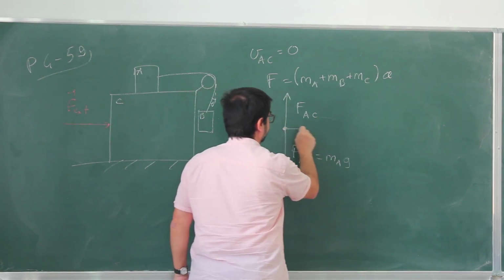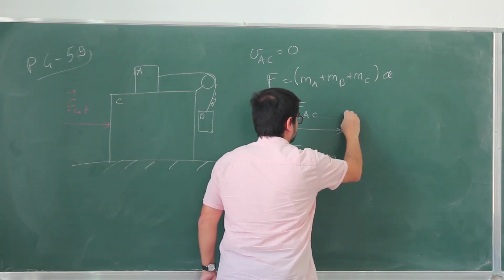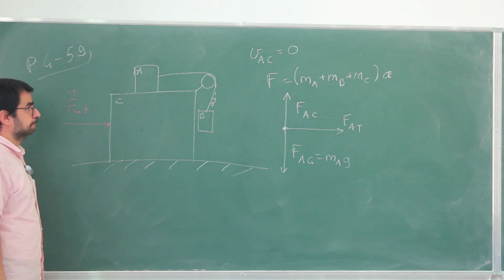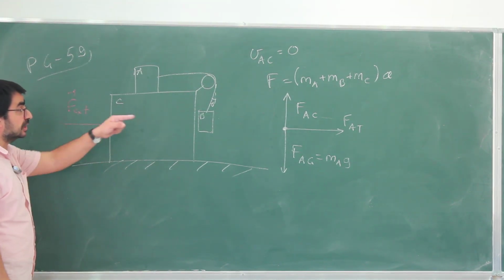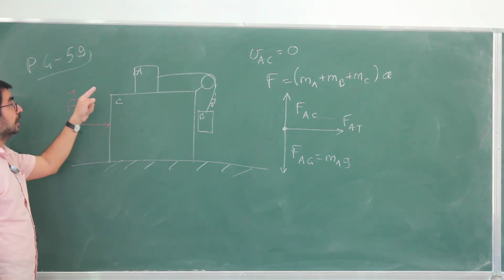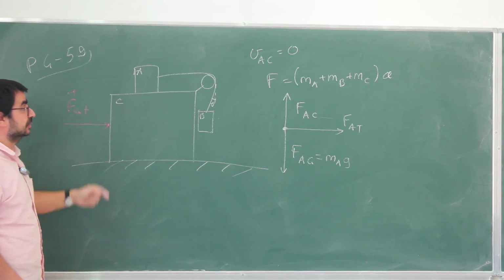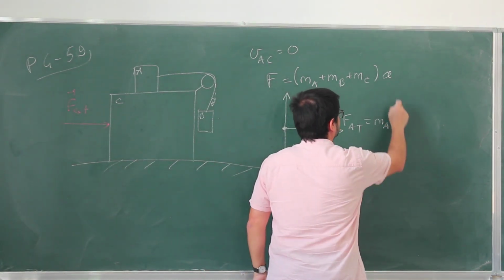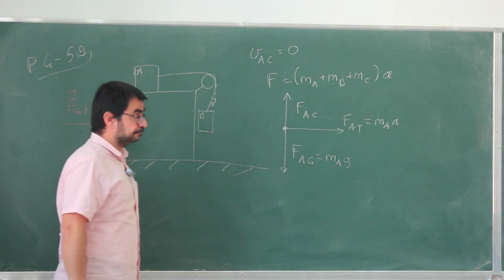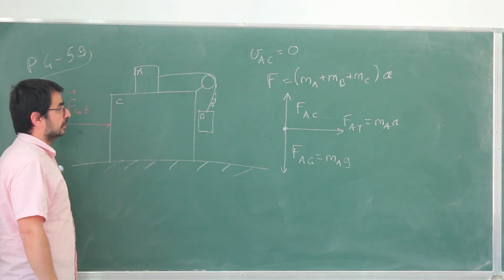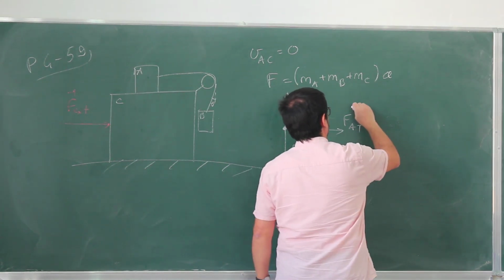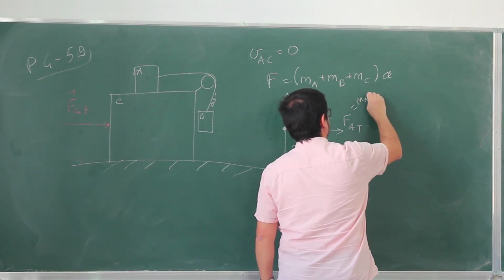And we have the tension force. This tension force is the only force on mass A that is not cancelling, so this must be MA times this common acceleration, whatever it is. And we can already write this down. So let me write it down this way, because I'll need the space.